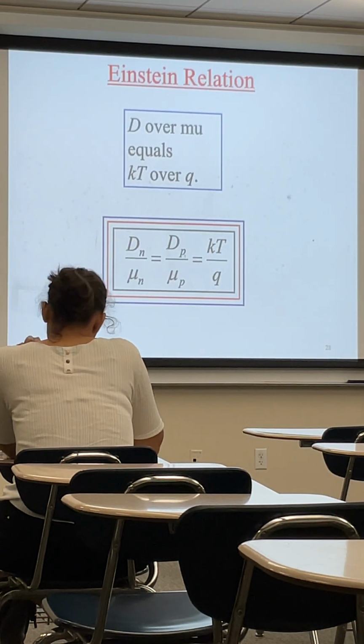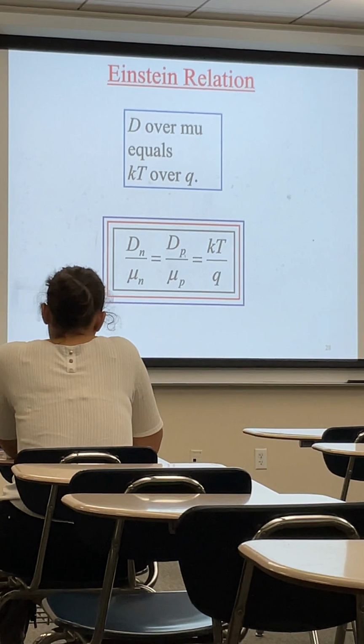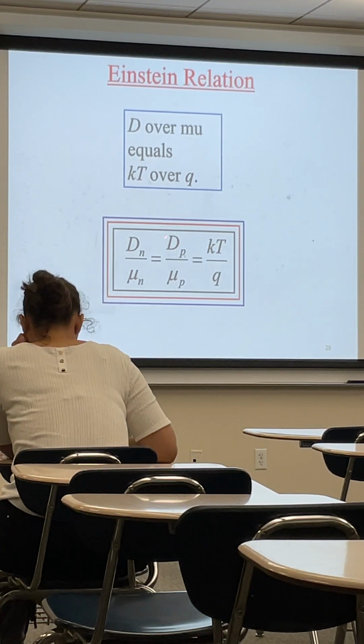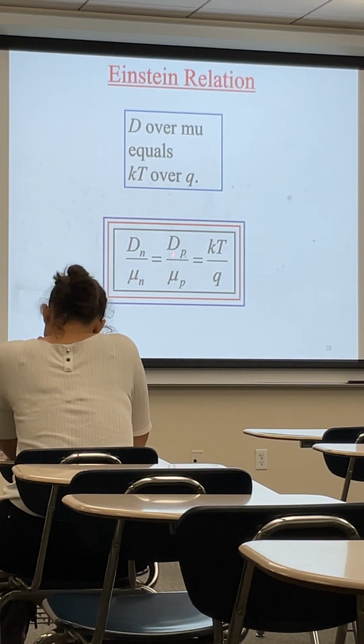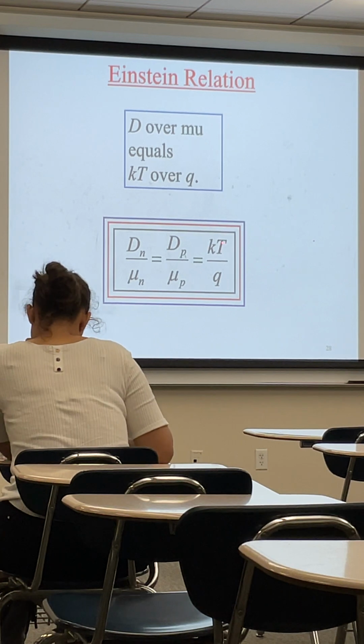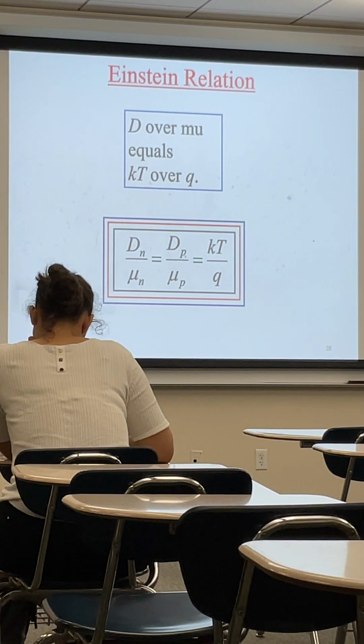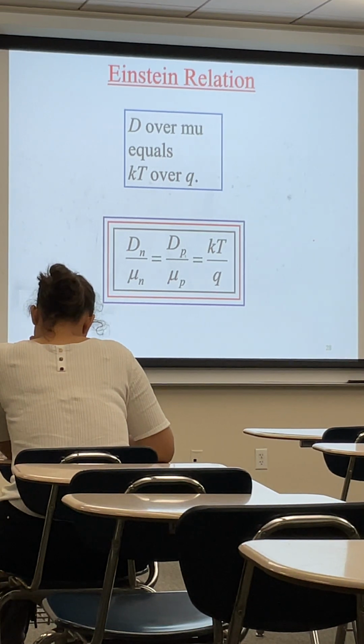Any questions? Basically it's very useful. If you know D, you can calculate mu. Or if you know mu, you can calculate D. Usually we set this T as pretty much room temperature, and both Q and K are constant.